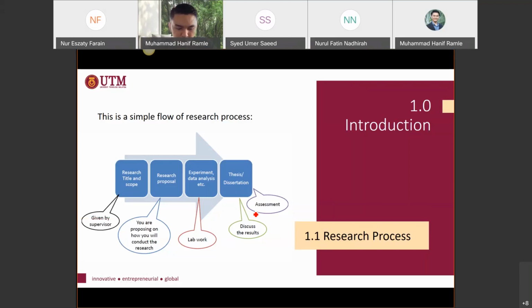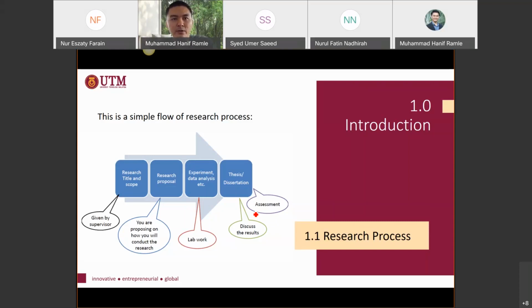Once the proposal defense is done, and the panel has commented on your plan and given suggestions for conducting the experiment, then you will do the experiment and data analysis.